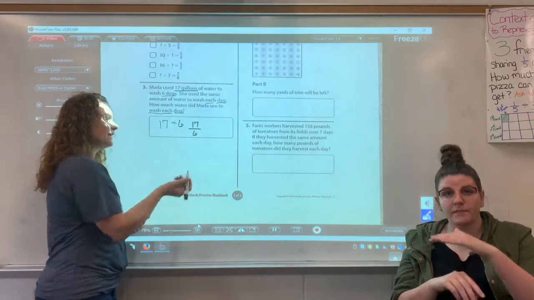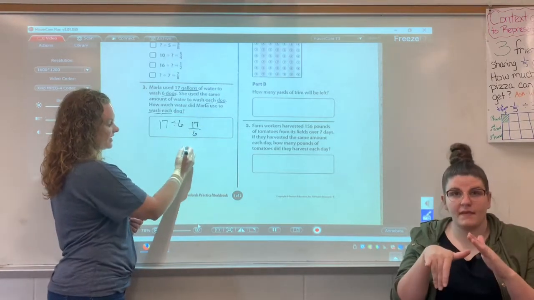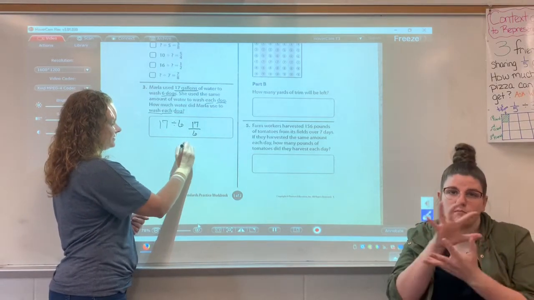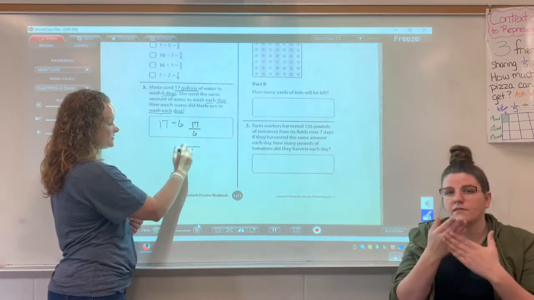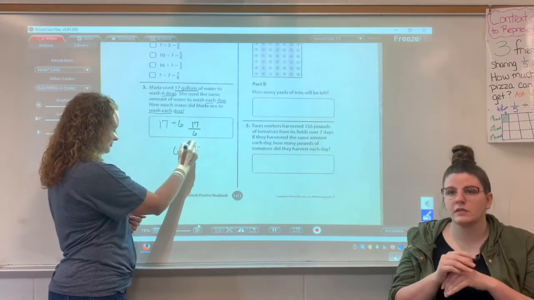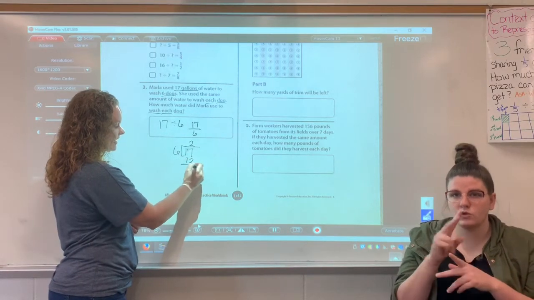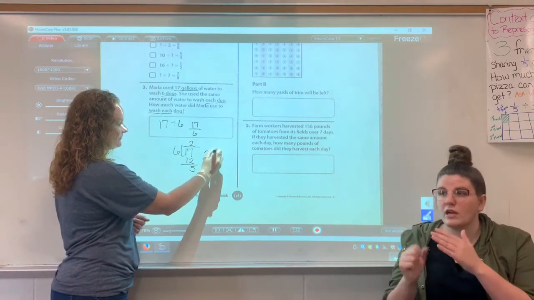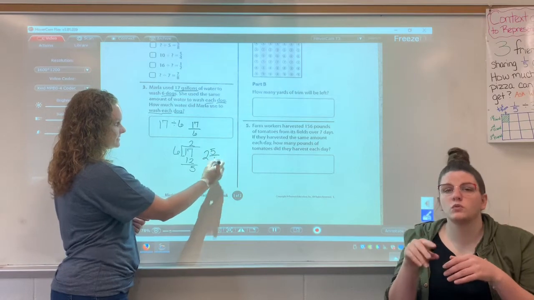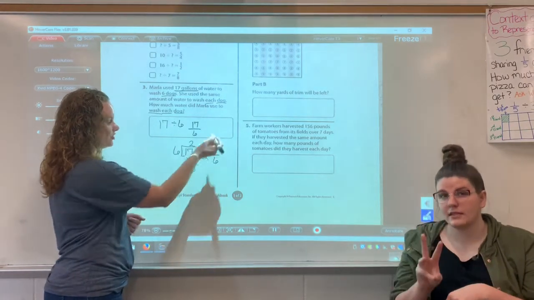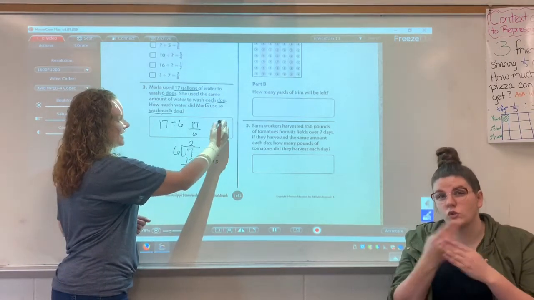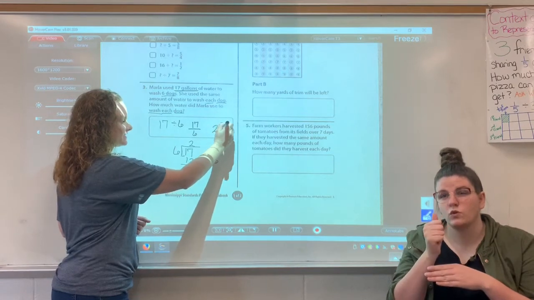We have to house divide to make a mixed fraction. 6 goes into 17 2 times, which is 12. Subtract, 5. So it's 2 5/6. So each dog used up 2 5/6 of a gallon to be washed.